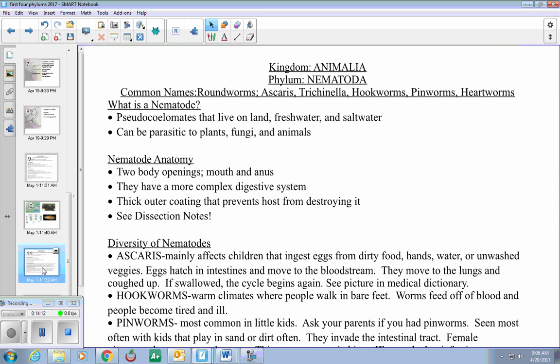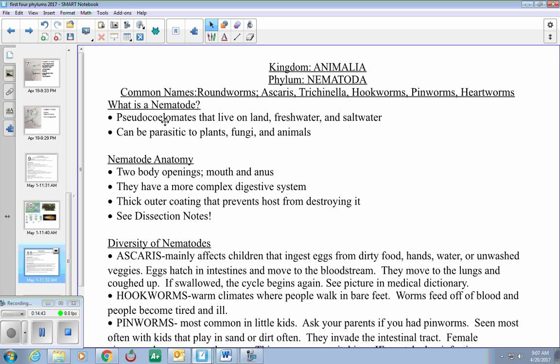All right, moving to our last group for the animal kingdom in this introduction, we have the nematodes, and they are considered the roundworms. We have the ascaris, the trichinella, hookworms, pinworms, heartworms, which may be familiar to you if you have a pet. And nematodes are considered pseudo-coelomates, and we discussed that pseudo means false.